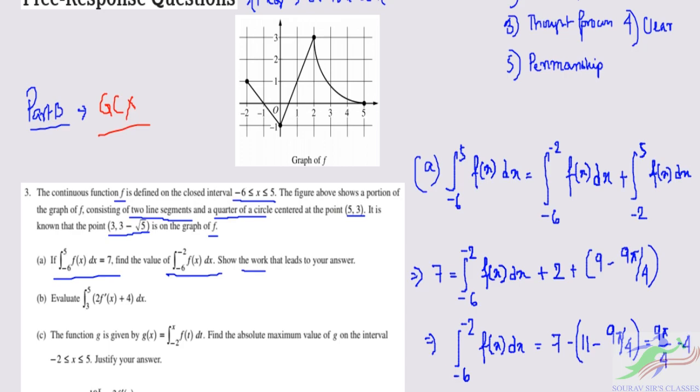So that is part A, the value of the integral from -6 to -2 of f(x) dx.